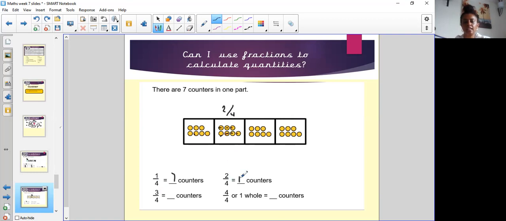So we've got 14 counters. 3/4 is over here. So we're going to count on from 14, 15, 16, 17, 18, 19, 20, 21. And a whole, 4/4: 21, 22, 23, 24, 25, 26, 27, 28. 28 counters. So there we have worked it out by looking at the segment pieces.